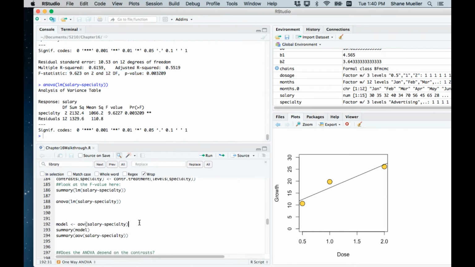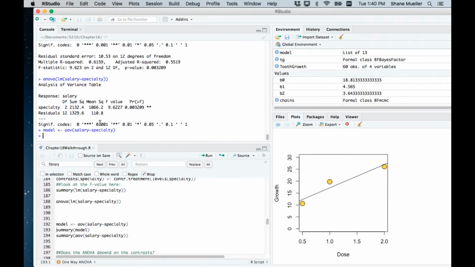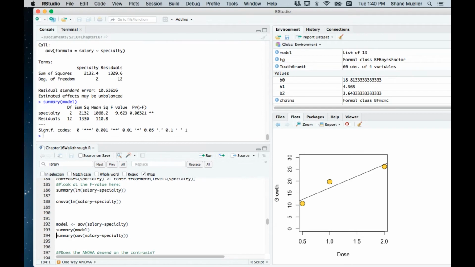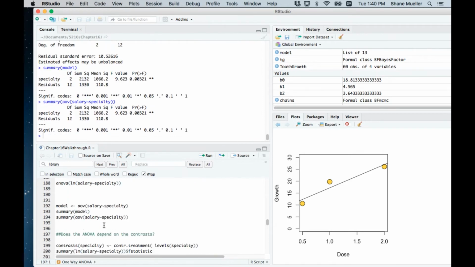But again, instead of doing ANOVA of LM, I can do AOV. And if I look at the model here, it gives me sum of squares and things like that, which end up being the basis for calculating these things. But if I do a summary of this model, or just a summary of AOV, I get the same tests out.